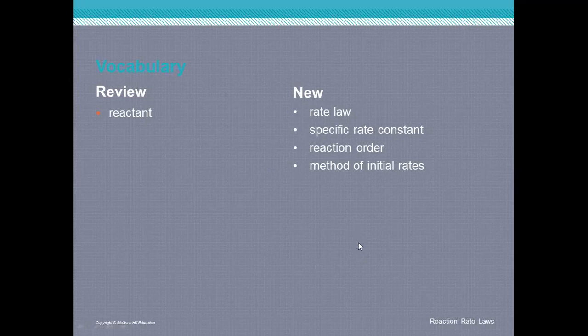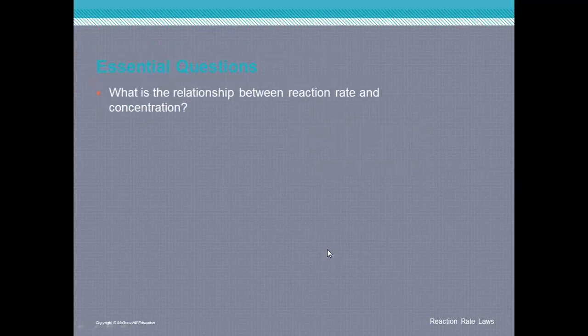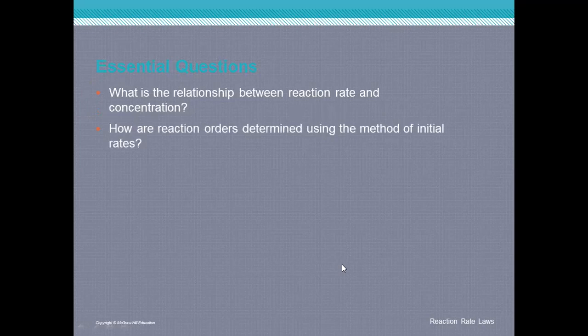The essential questions for this lesson: number one, what is the relationship between reaction rate and concentration? Number two, how are reaction orders determined using the method of initial rate?